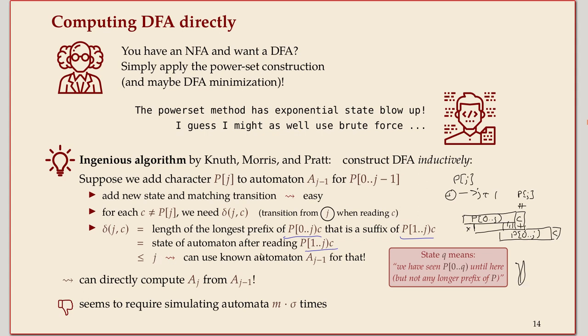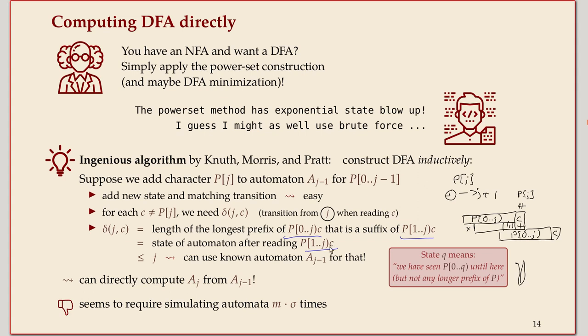Well, because we've already constructed the automaton for this one shorter pattern, we can use that automaton to read that shorter part. So you just delete the first character of the pattern and start simulating the automaton from the start state, reading P[1] up to P[j], and then the new character.